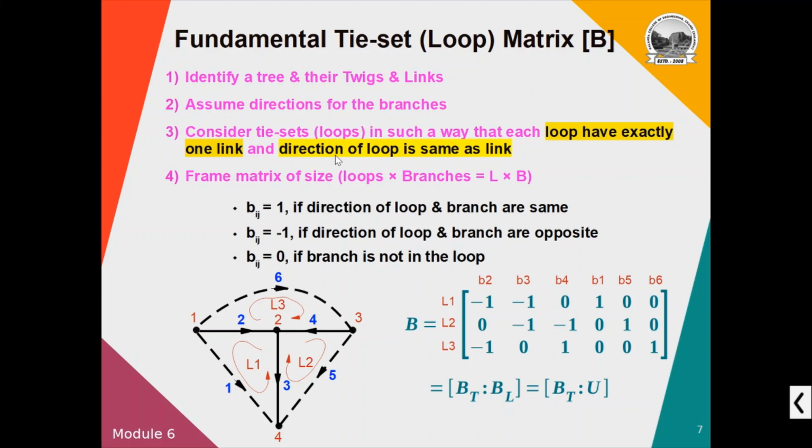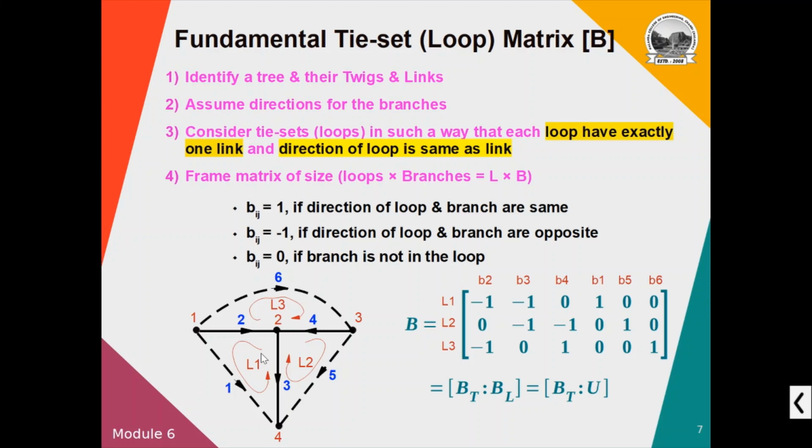Here the next thing is you have to form a loop. You have to identify a loop, but one condition is that the loop should contain only one link, and the direction of that particular loop will be similar to the direction of that particular link.